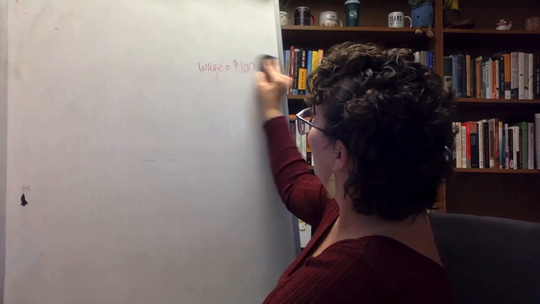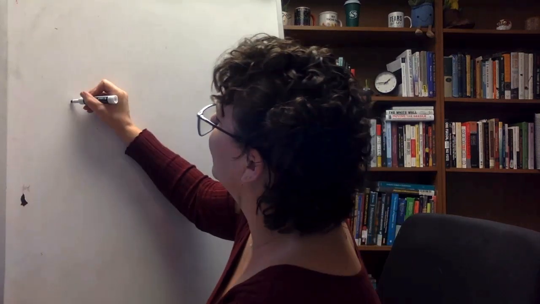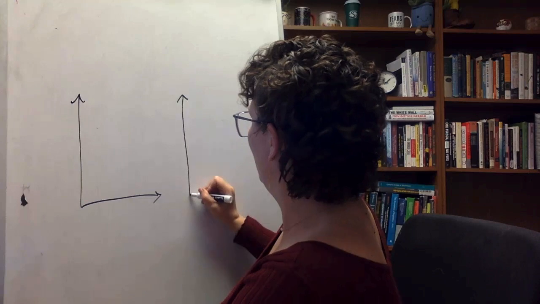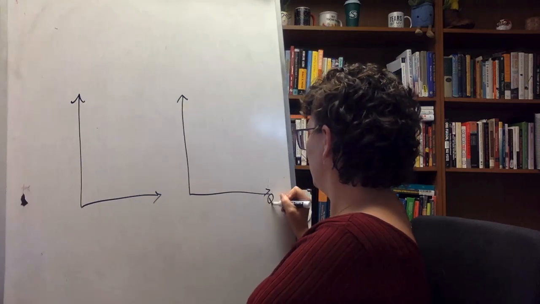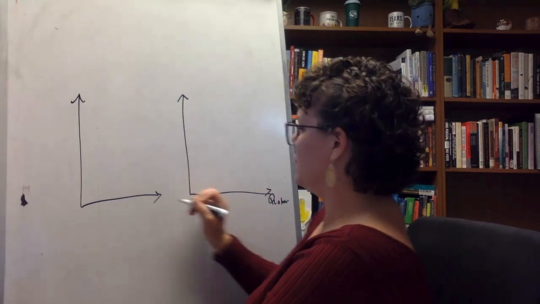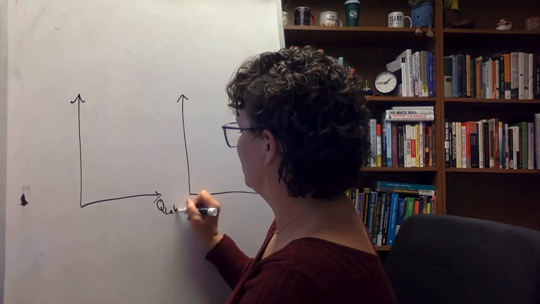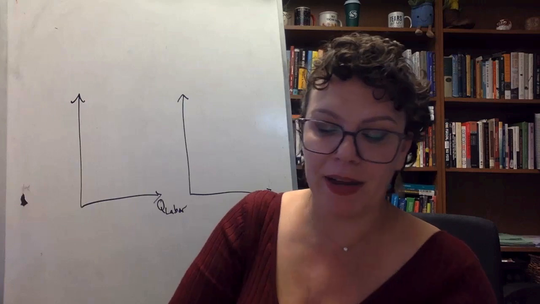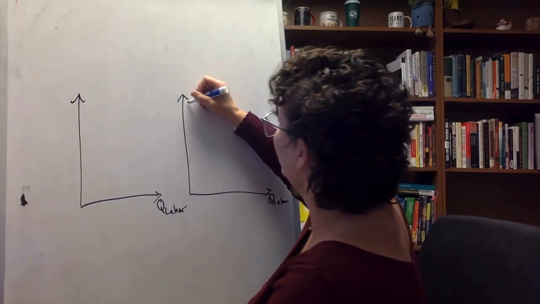I'm running out of time, so I'm going to go through the next part a little bit quickly. So now we're going to assume that we have two markets with the same workers in them. The workers have the same productivity and the same skills. And we can talk more about differences that might emerge in these markets and other situations.